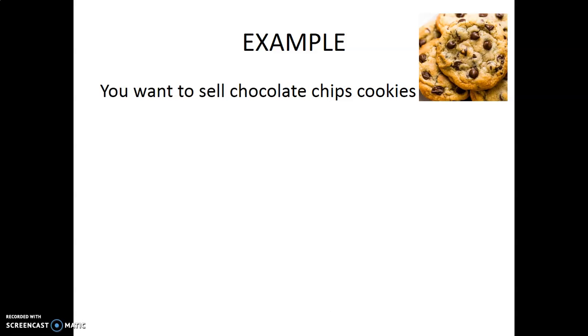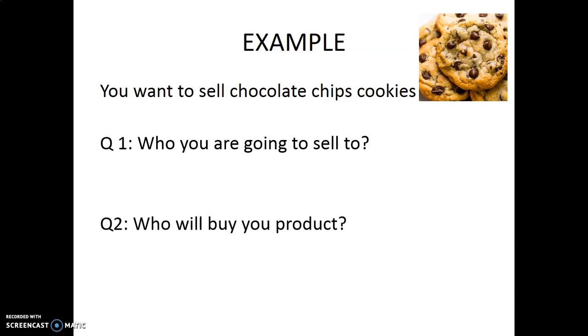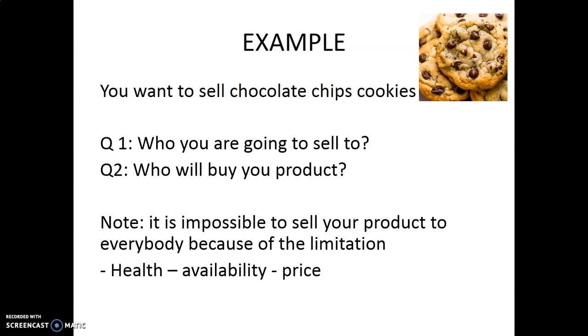Same as our chocolate chips cookies. When you say that you are going to sell your product to everybody, it is very wrong. Number one, because of health issue. The chocolate chips is very, very sugary, very sweet.